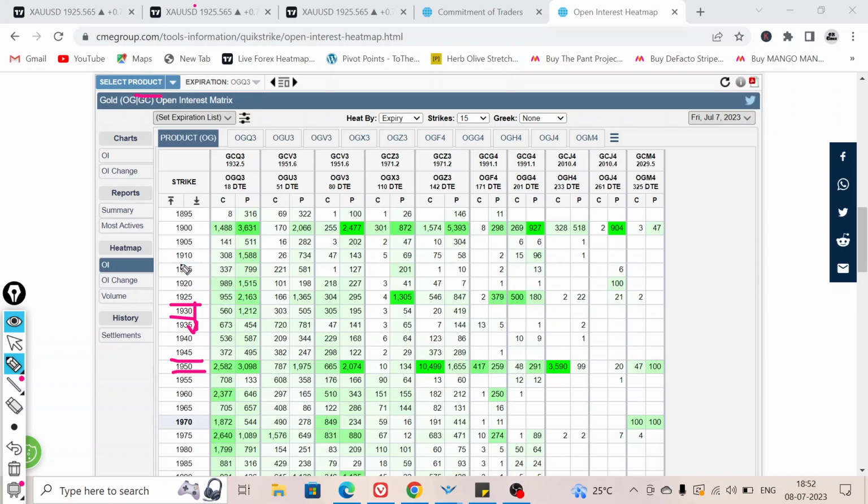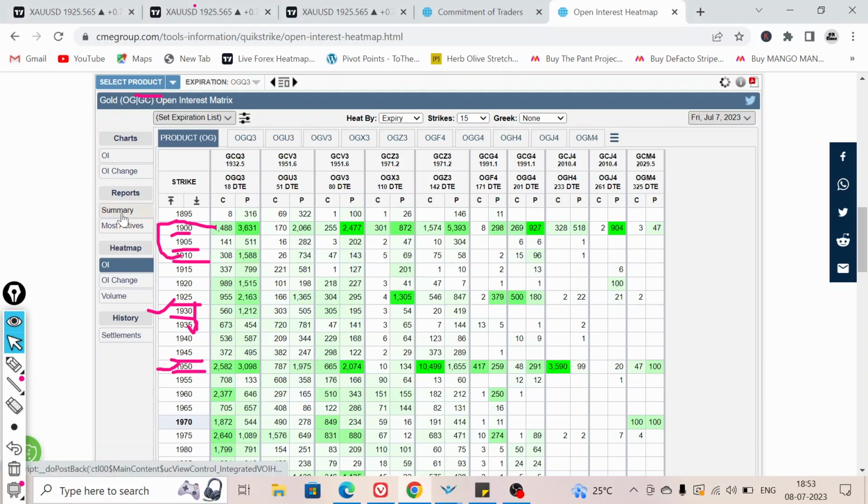Okay, on the bottom side 1910 is a good support level, and of course 1900 is a psychological level, and bears tested this two times and were not able to break down this level. So these are good support levels. On the upside we have to look at 1930 and 1950 as resistance areas.